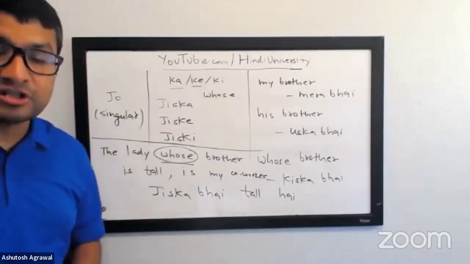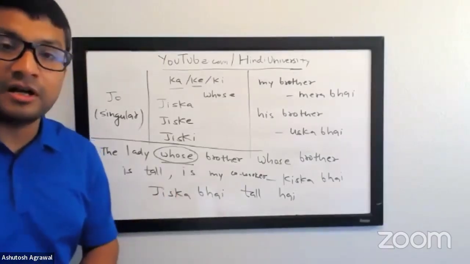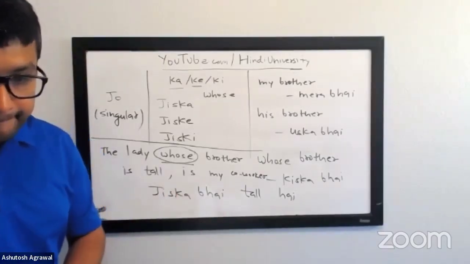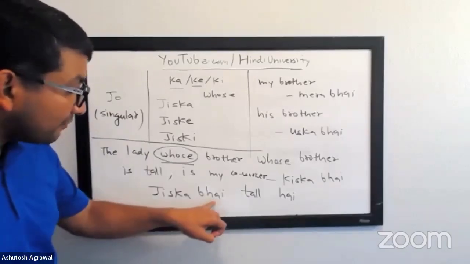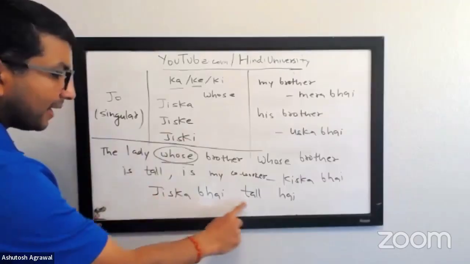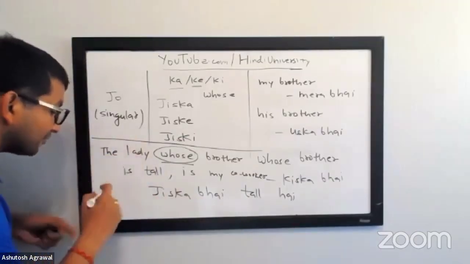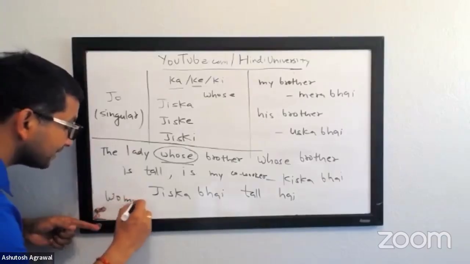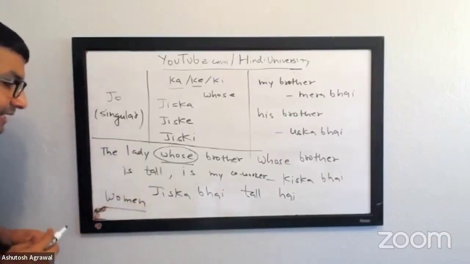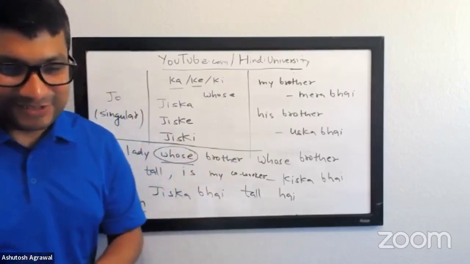Okay, और जिसका लैपटॉप बहुत बड़ा है, और जिसका घर बहुत बड़ा है. If it is not one भाई, multiple भाई. औरत जिसके भाई बड़े हैं. Let's say we're talking about women here. Let's say औरतें, yes, that's right, जिनकी, right, that's right.